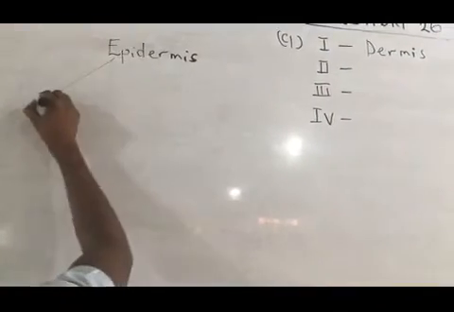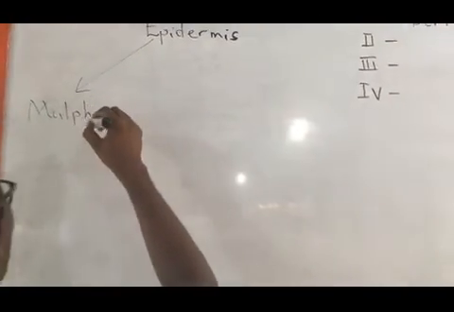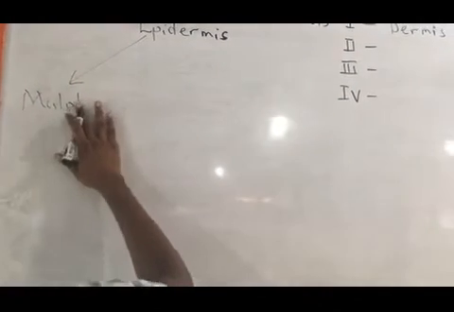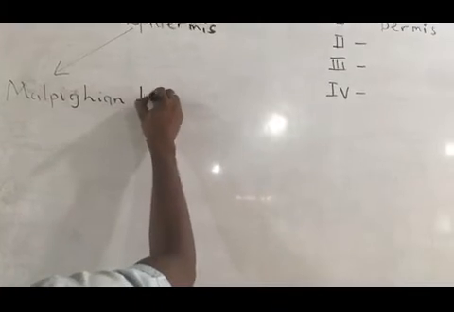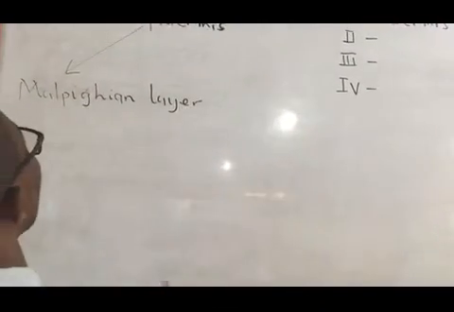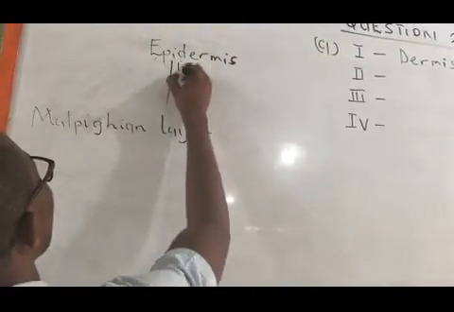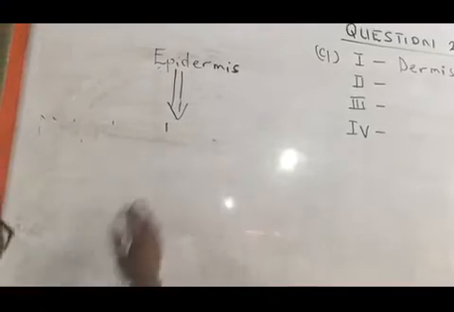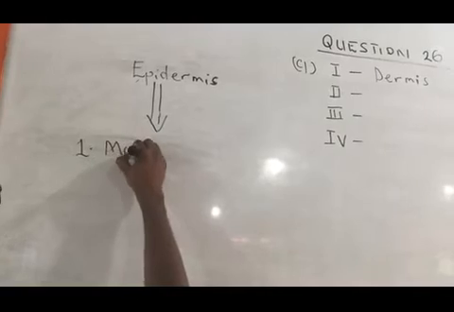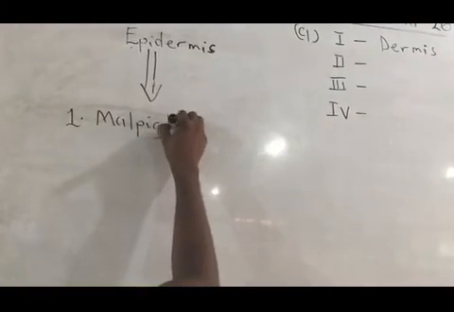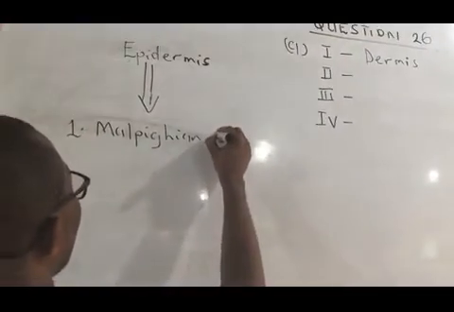So this is divided into 3. Let me rewrite this. 1, the Malpighian layer.